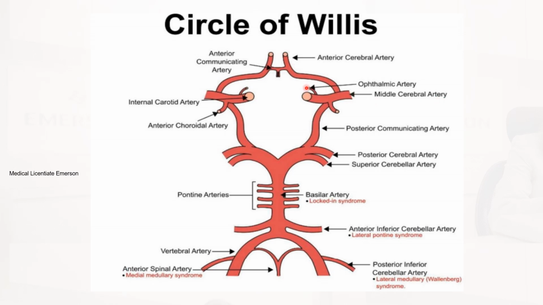Then you have the ophthalmic artery, the anterior cerebral artery on this side, and the anterior communicating artery in the middle. Then they branch off, and we find the anterior choroidal artery, and this is the posterior communicating artery. And this is the posterior cerebral artery and the superior cerebellar artery. Then here we have the pontine arteries, and in the middle is the basilar artery.